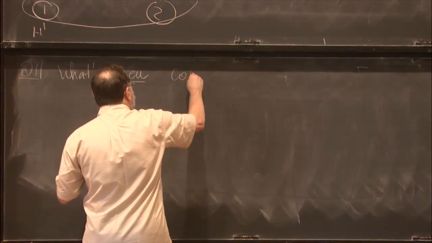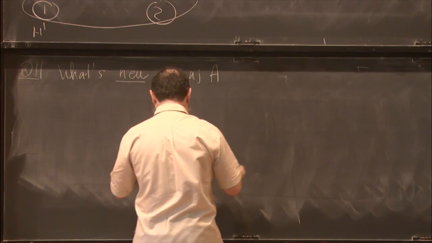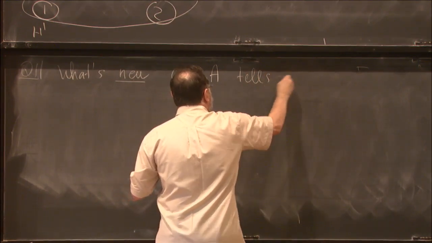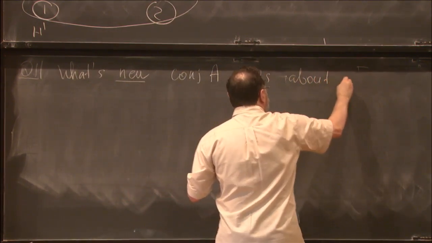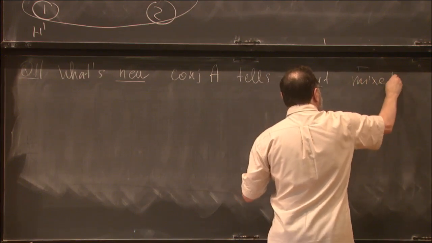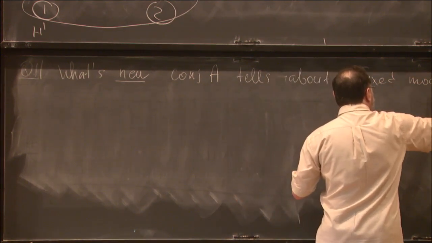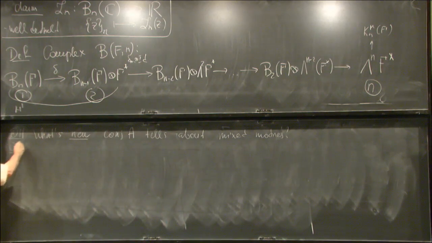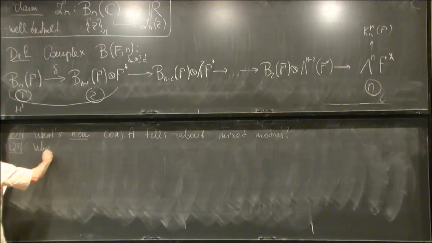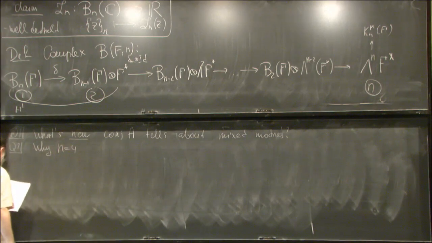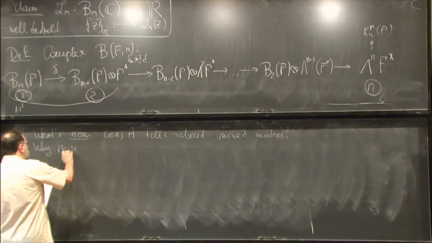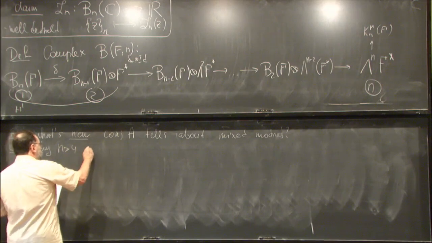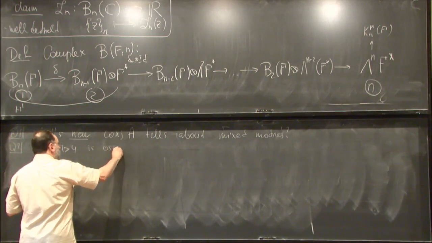This conjecture A tells about mixed motives. And the question 2, which I'm going to address, is why the case n bigger or equal to 4 is essentially different.